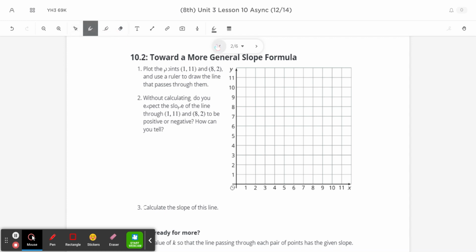Your points and line should look something like this. We have (1, 11), and we have (8, 2). And we want to draw a line directly through those points. Now, notice that the line is moving downward.